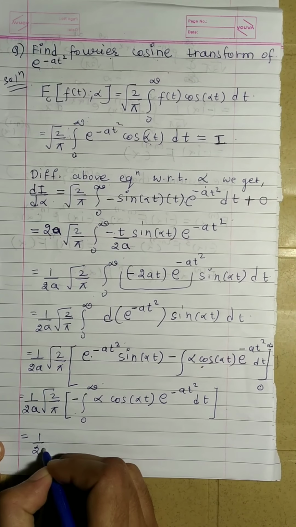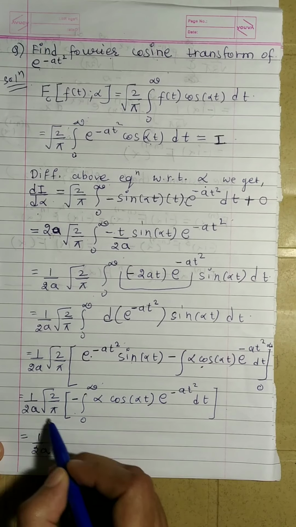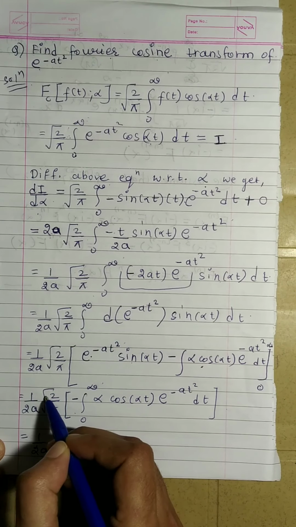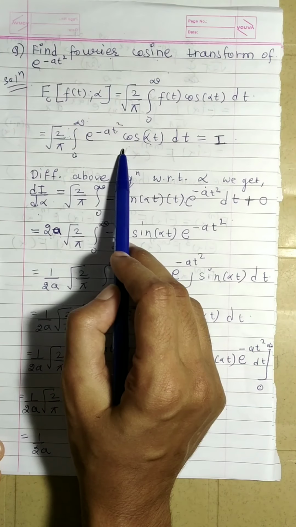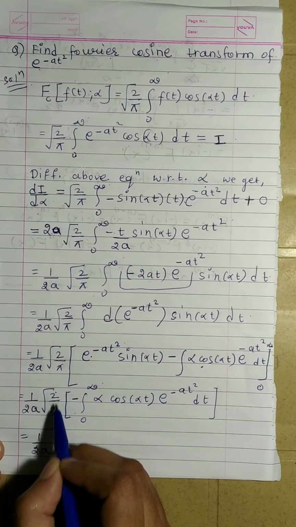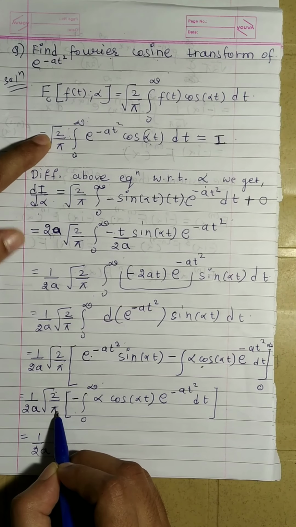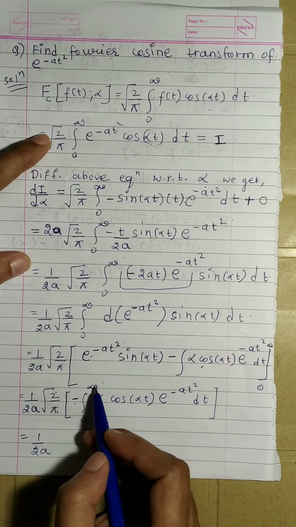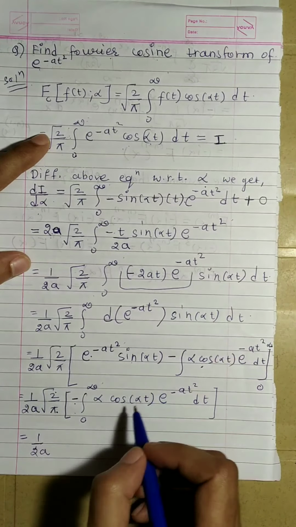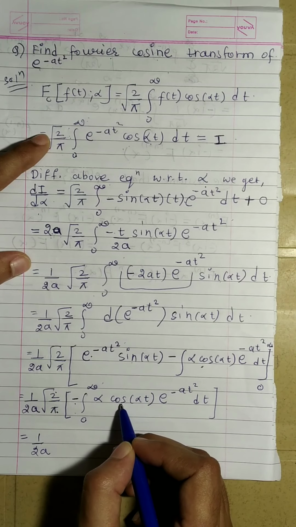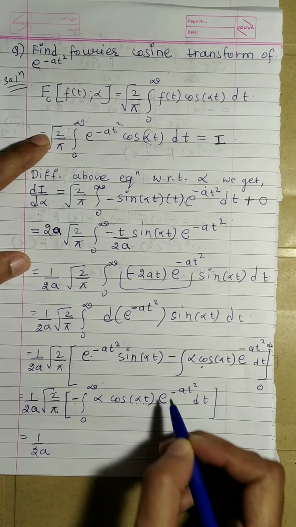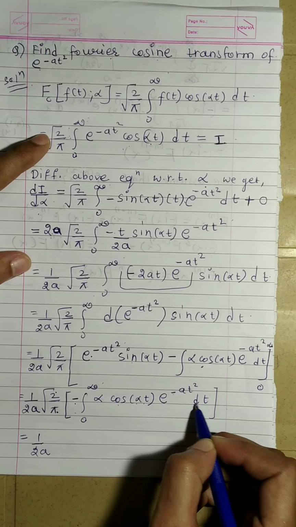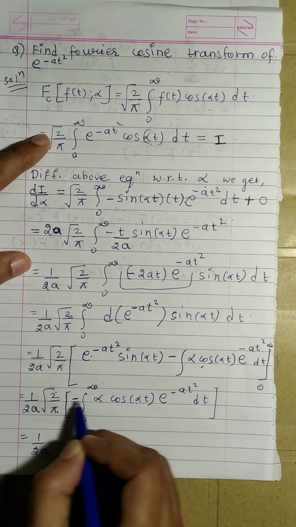1 upon 2a, if you observe this, this is nothing but again this I, root of 2 by pi, except for this minus sign, integral from 0 to infinity cos of alpha t e raised to minus a t square dt, and this is alpha.